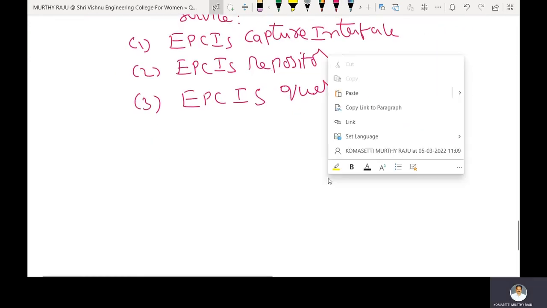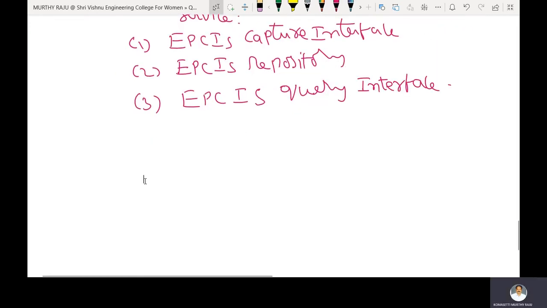Next, first one is the EPCIS capturing application. It can capture RFID data as well as data from barcodes or manual data entry. Already indicated in that figure. First one is the EPCIS capture interface, capturing application.